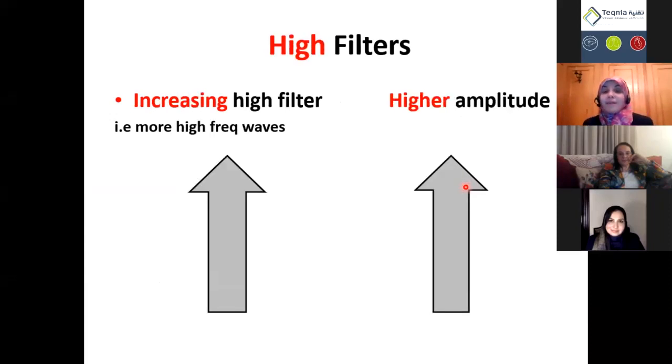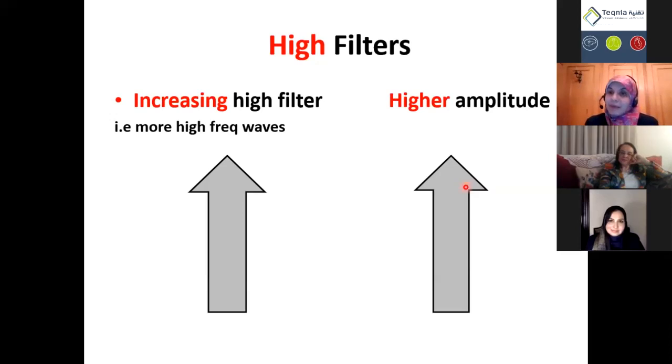Well, the high frequency waves, when they cluster together, because they have narrow duration, they can summate easily, so they can cause higher amplitude when more of them are added. Also, the lower waves cause higher amplitude.